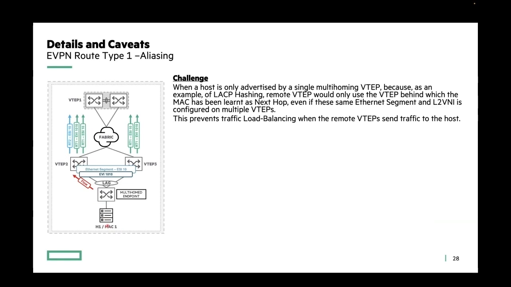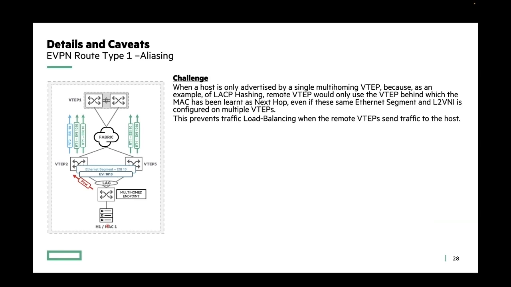Due to this situation, the remote VTEP would only use the advertising VTEP, even if the Ethernet segment and the EVI are available on other multi-homing VTEPs having the same Ethernet segment. So this prevents load balancing when the remote VTEP sends traffic to the host.